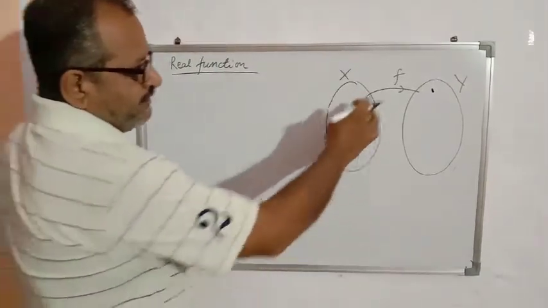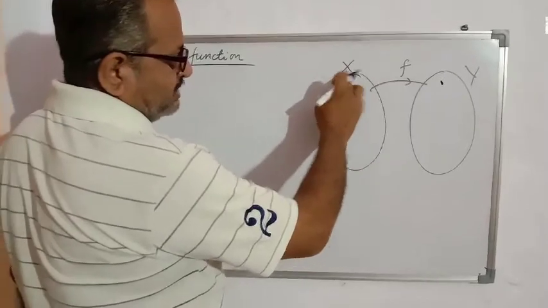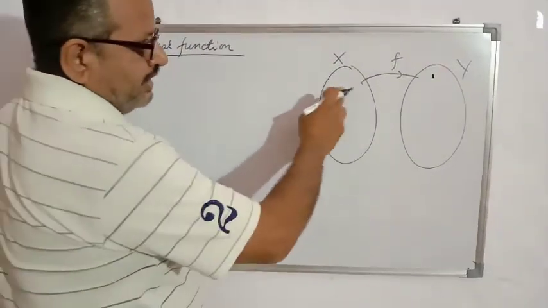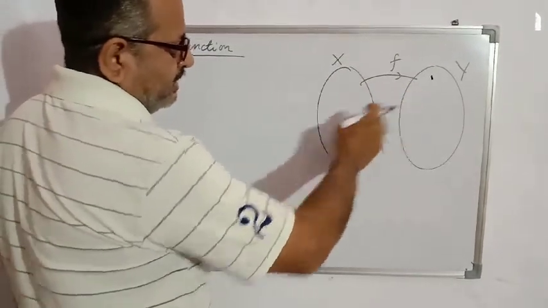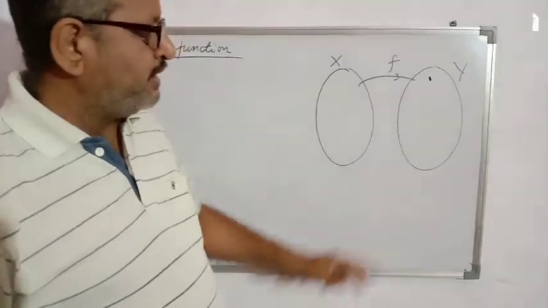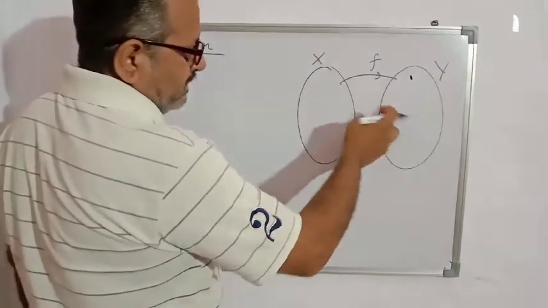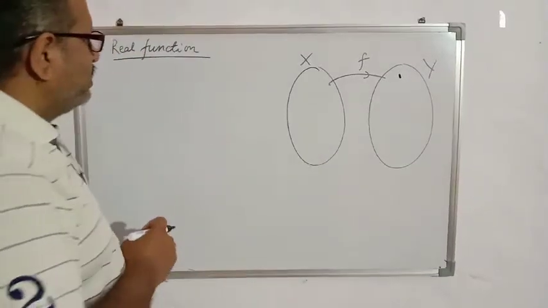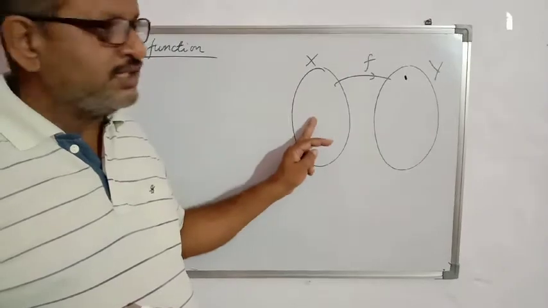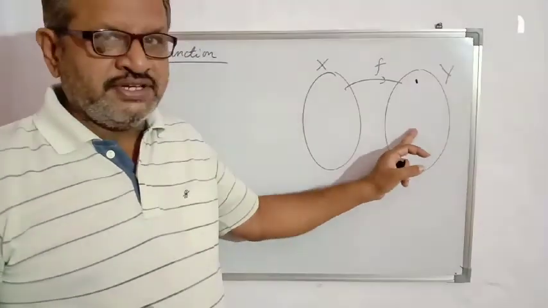When we define a function from one set to another set, let us suppose x and y are two non-empty subsets of real numbers, and a function f is defined from x to y, then this function is called a real function because its domain x and codomain y are both subsets of real numbers.